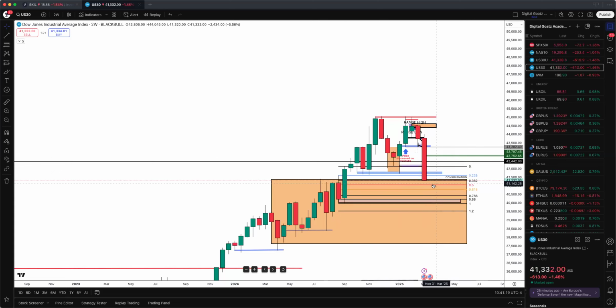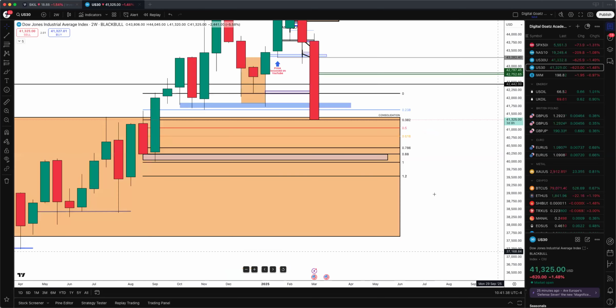This is regular structure if it retests within this 50% zone or 618. But if it bounces off of this 382, that's high momentum, so the market should want to continue being bullish from here if it bounces off this zone. Let me zoom in so people can see a little bit better. Let me get this out the way.